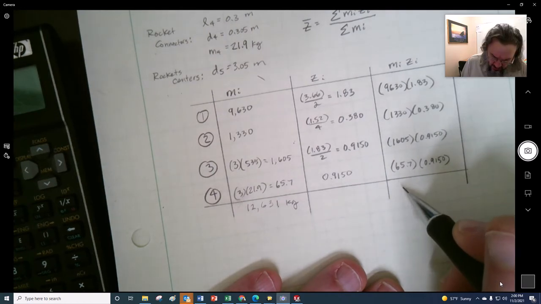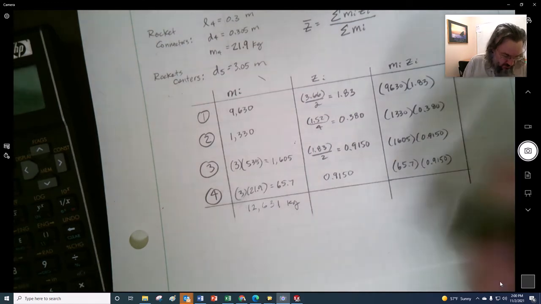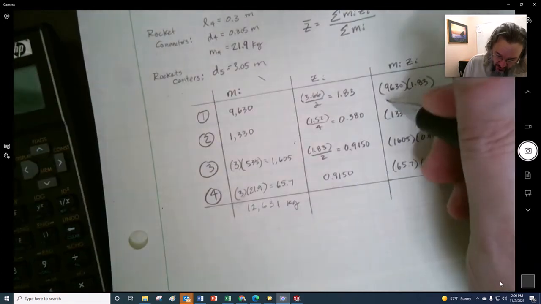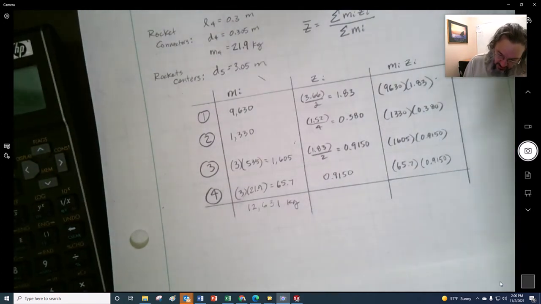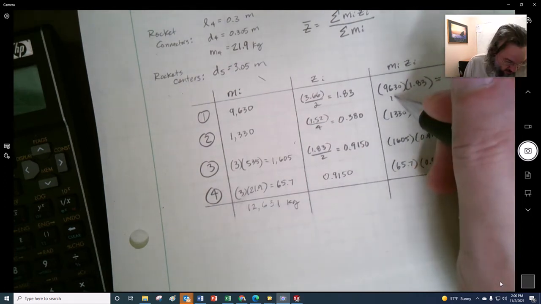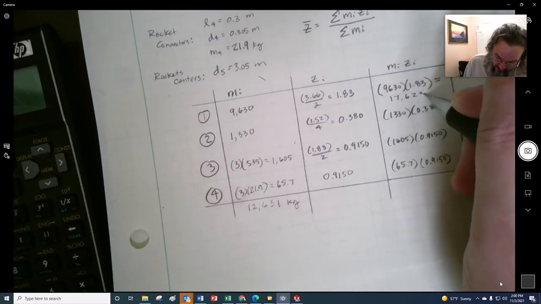All right, so 9630 and 1.83 and multiply. Oh, I meant to make this longer, right? I accidentally made it short, but I'm going to shove it down here. Okay, so I got 17,623.